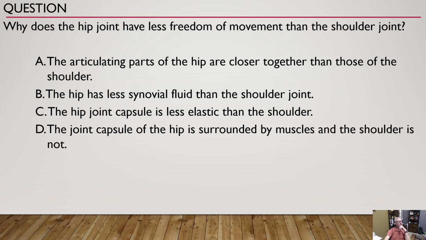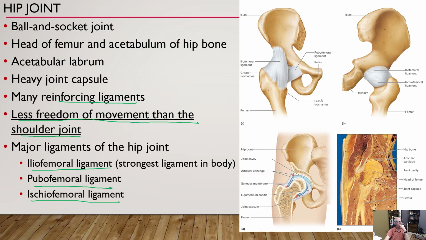The articulating parts of the hip are closer together than those of the shoulder. Okay, maybe. The hip has less synovial fluid than the shoulder. Okay, so there's the hip.